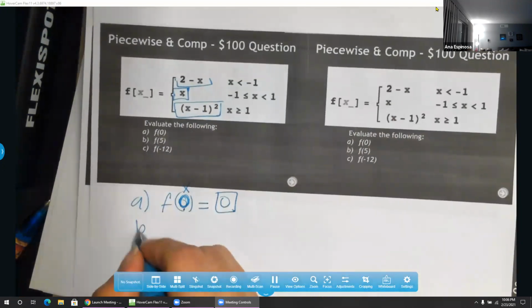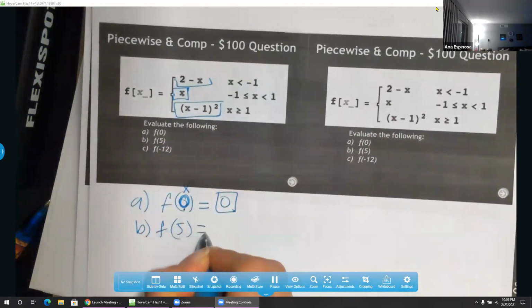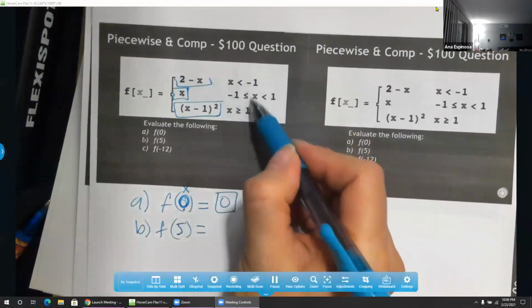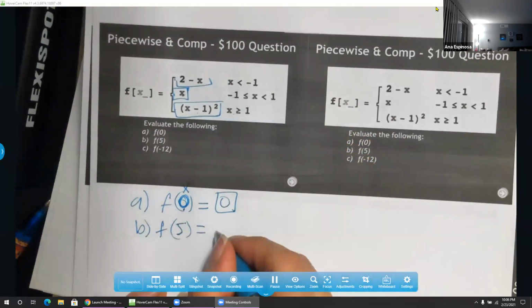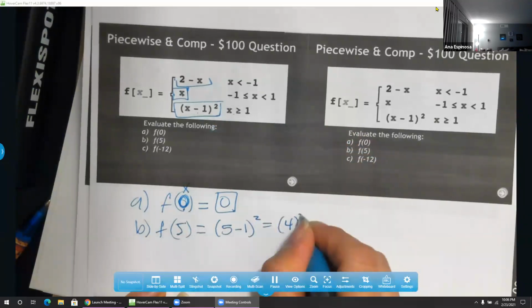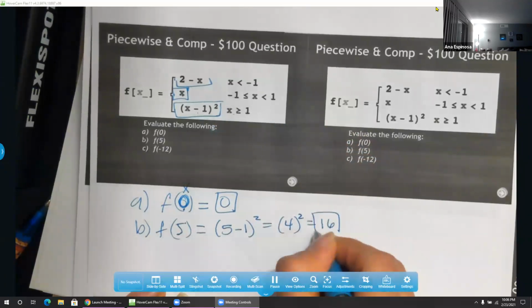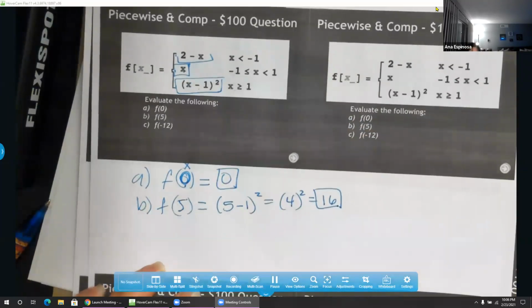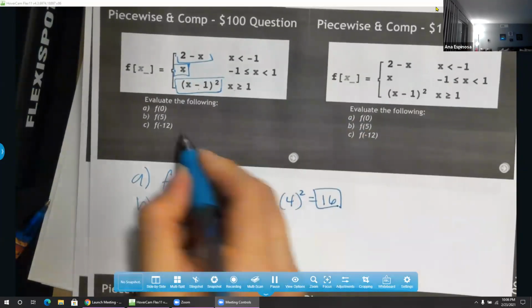If I wanted to find f of 5, 5 is greater than 1. So I would use this equation. So I would go 5 minus 1 squared, 4 squared, 16. The algebra is not difficult at all. It's just trying to figure out where things go.